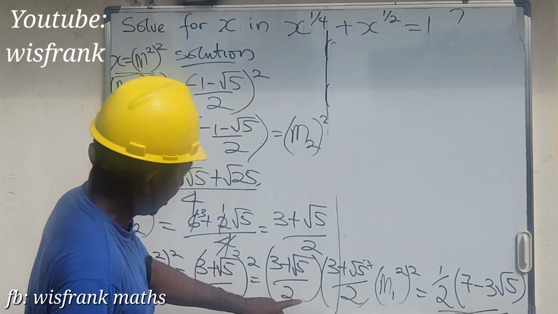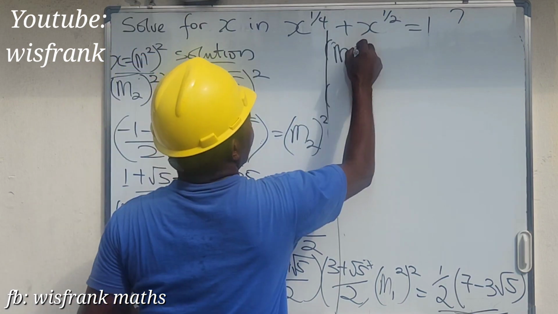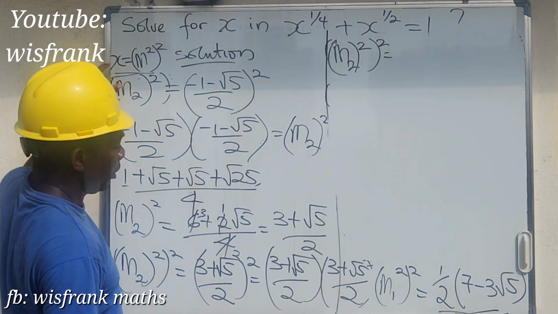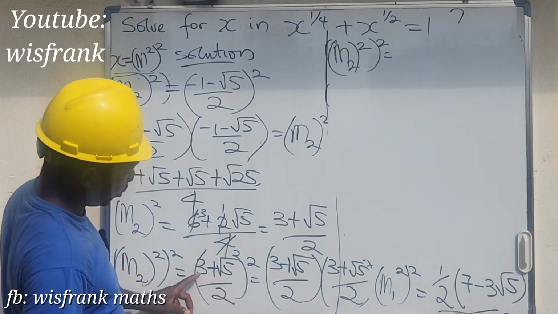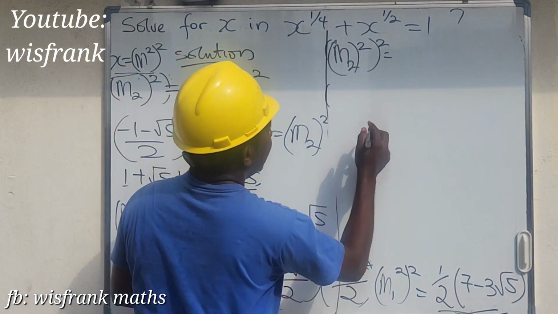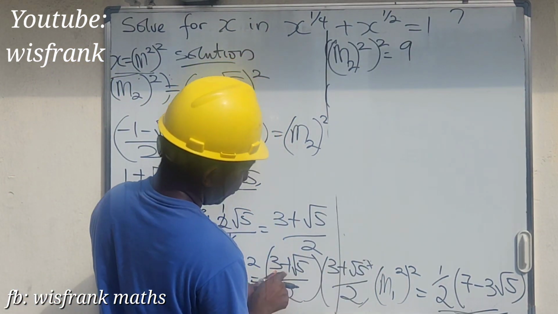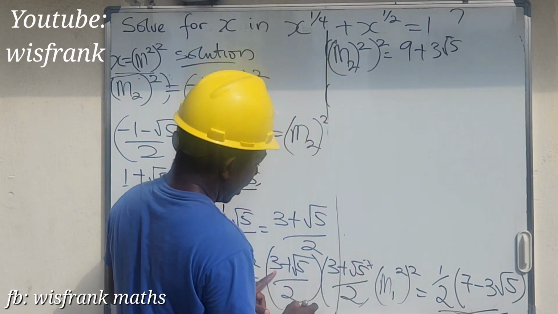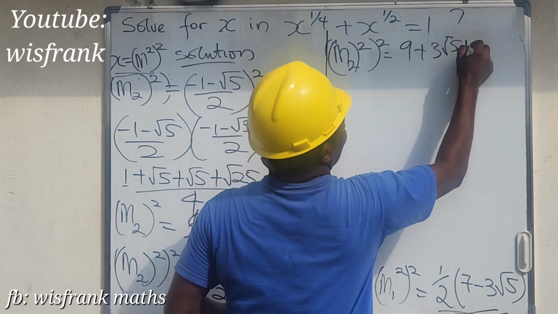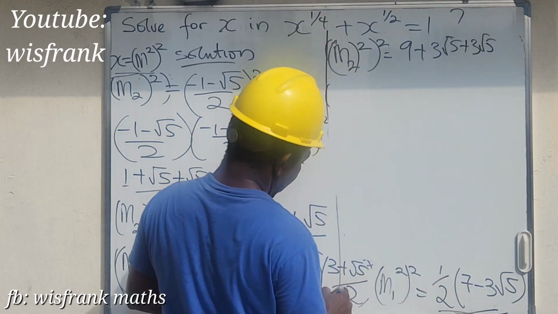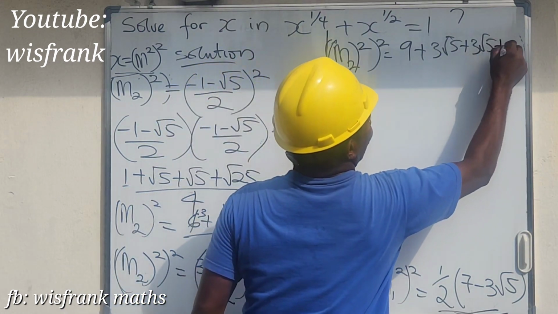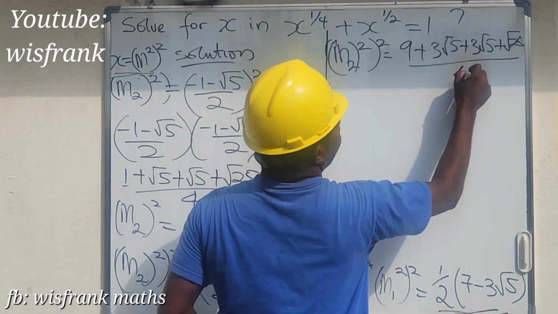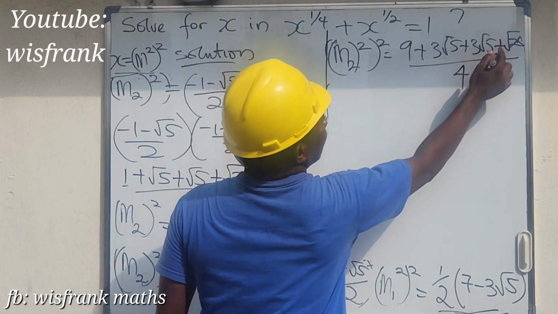So for us to expand this, m2 squared, which equals x, will be the expansion of this. So this will become 3 times 3, we have 9. Then 3 times root 5, we have plus 3 root 5. Then root 5 times 3, we have plus 3 root 5. Then root 5 times root 5, we have plus root 25, all over 2 times 2, which is 4. This root 25 is 5.